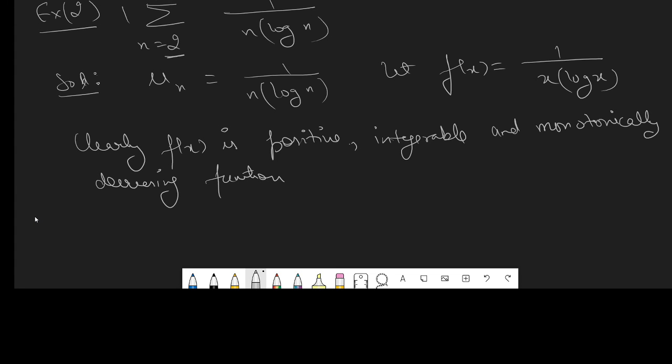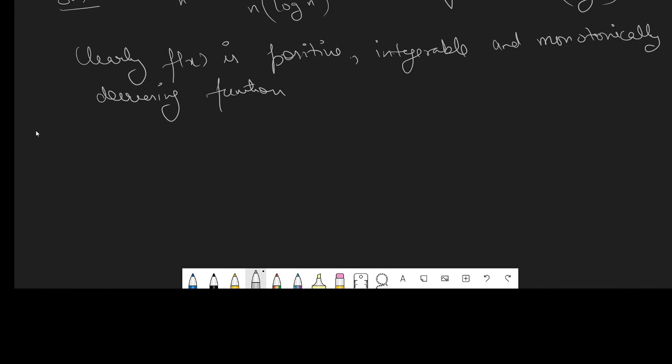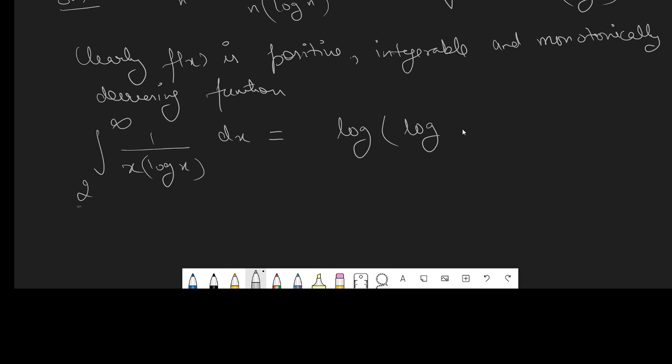So we can apply the integral test here. If you consider the integral from 2 to infinity of 1 by x log x dx, it is equal to log log infinity minus log log 2, so it will become infinity.